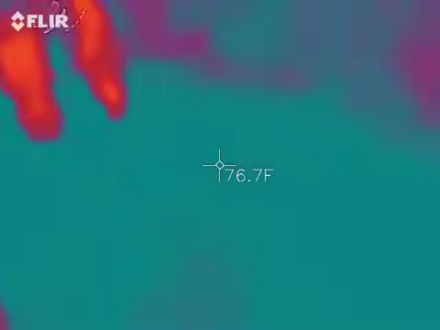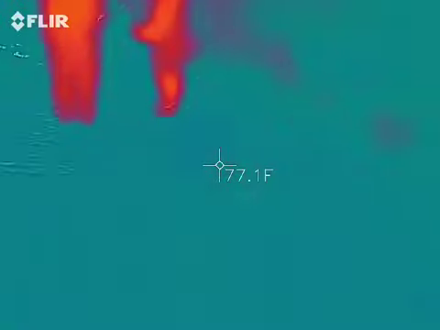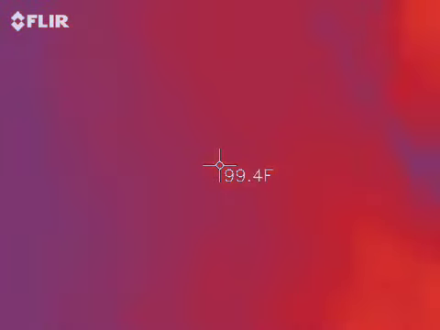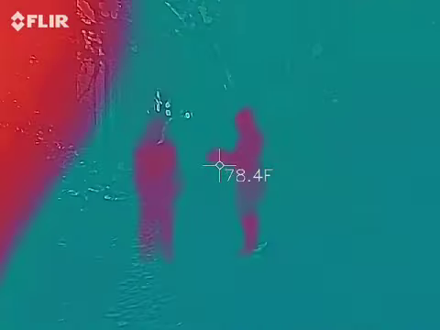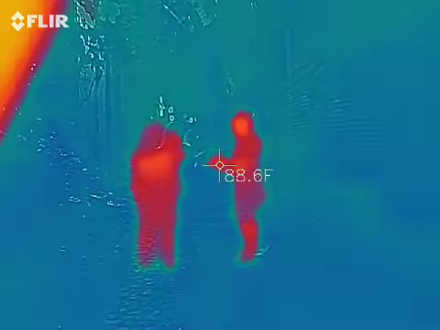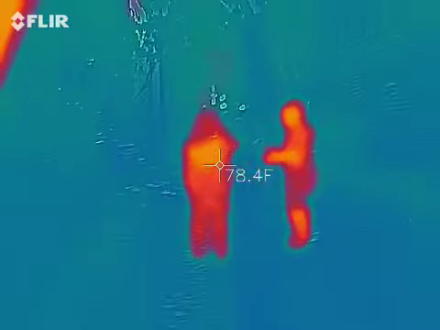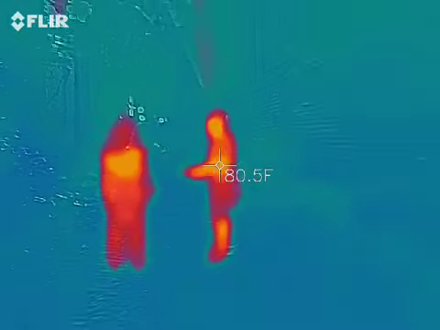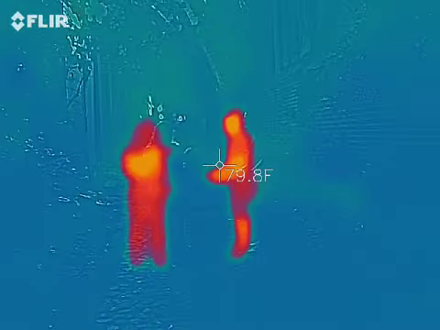Do you want to try the camera? Sure. What do you do, just point it? Yeah, it's better when you get somebody in focus because it gives you contrast with the heat. How do you get them in focus? You have a person in your screen, so that's good.